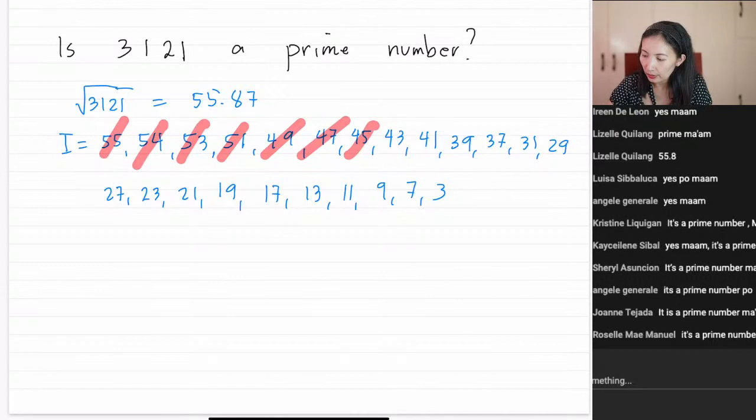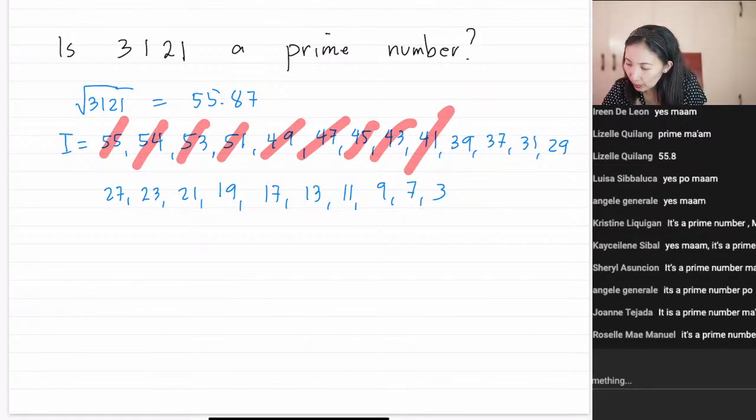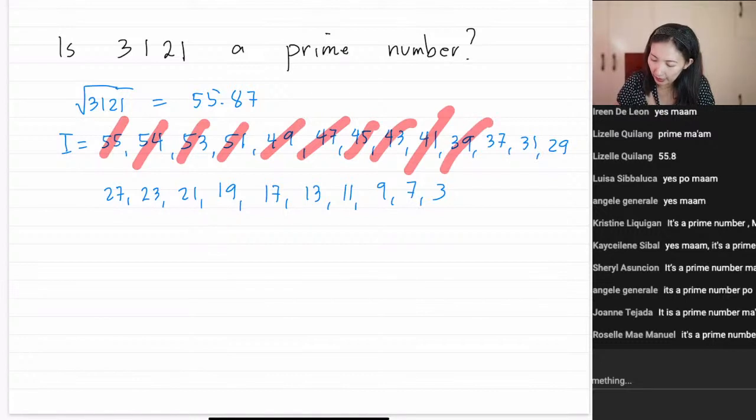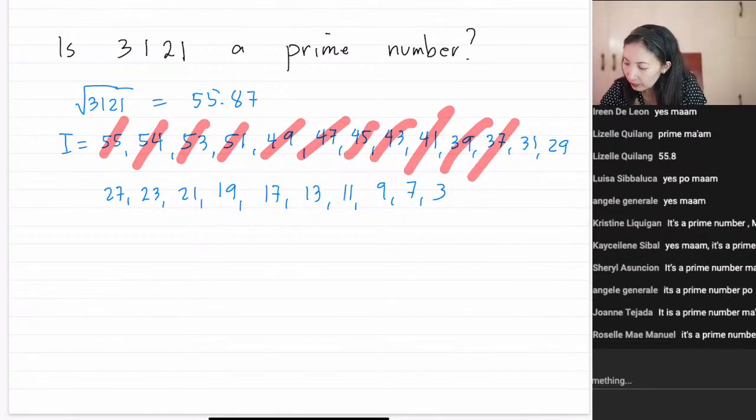No. 3,121 divided by 41. No. 3,121 divided by 39. No. 3,121 divided by 37. No. 3,121 divided by 31. No. And 3,121 divided by 29.